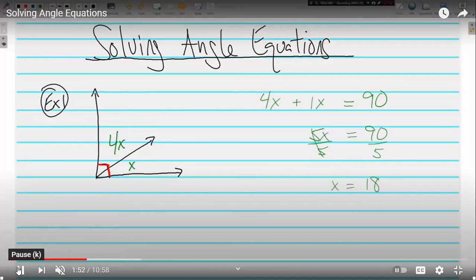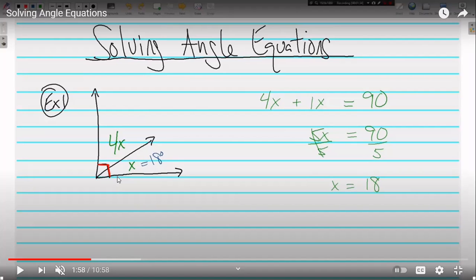If I want to go back and find the answer for each angle, how will we find it? First, we made an equation. We note that the total equals 90, as we have two complementary angles.